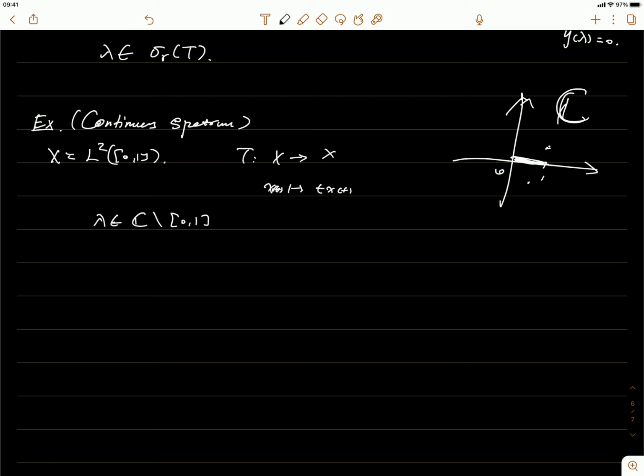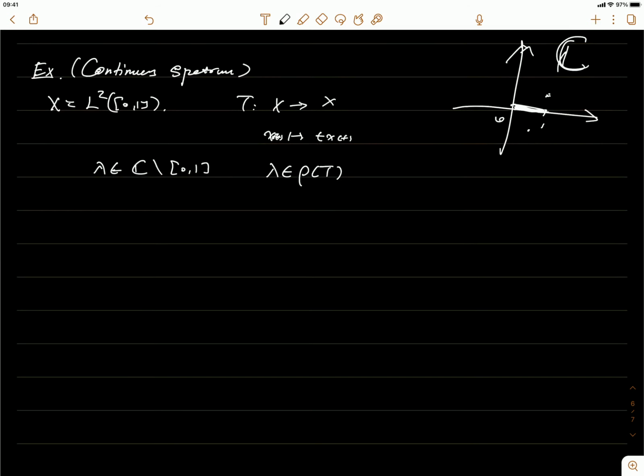In this case, we can still show that lambda will be a regular value, meaning that the lambda I minus t will be invertible, and this is actually a bijection. Okay. But on the other hand, if lambda is in [0, 1], then we can still show that the 1 is not in the image of x.